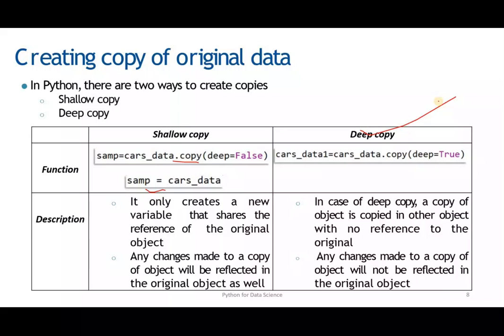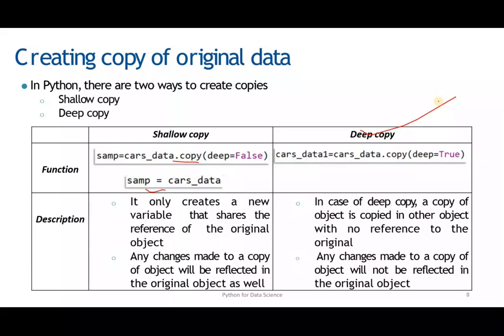And also whatever changes you are making to the copy of the object will not be reflected in the original object at all. Whatever modifications you are doing in cars_data_1 will not be reflected in the original data frame, and the original data frame will not get affected by your modifications.